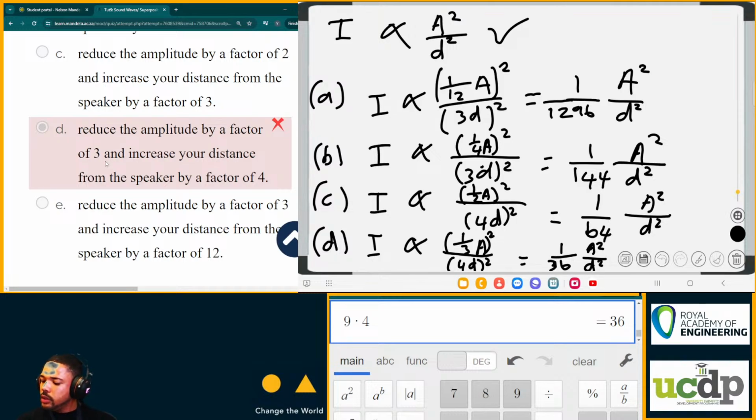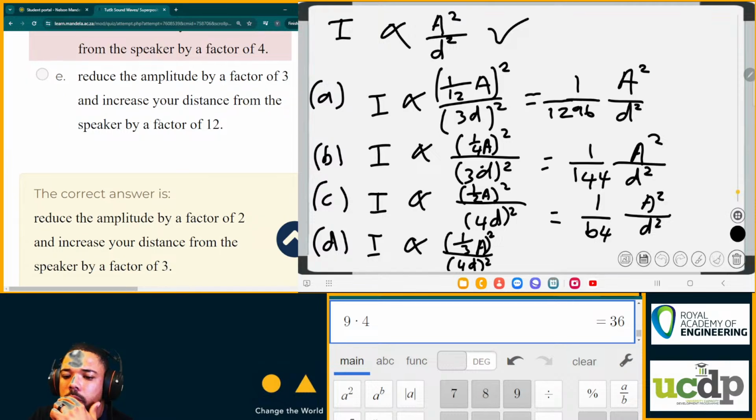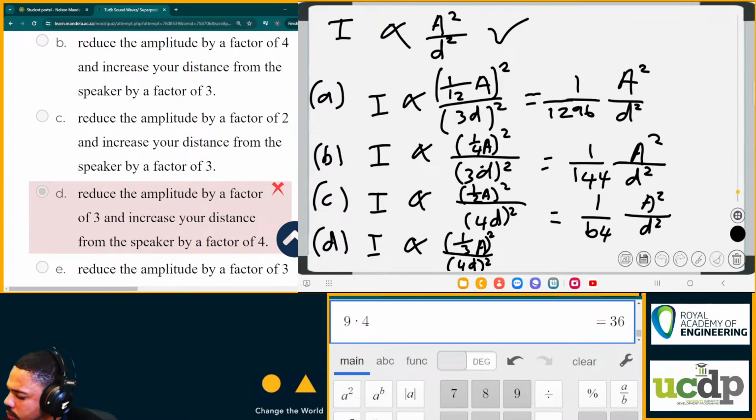D is a factor of 3, so that's 9 times 4. 9 times 4 is 36. Reduce the amplitude by a factor of 2, that's 4, that's 9 times 4. I made a mistake here. Well, I made an error.